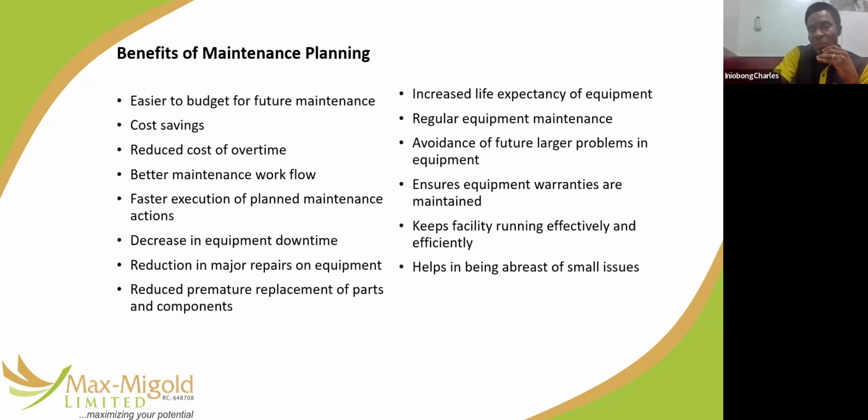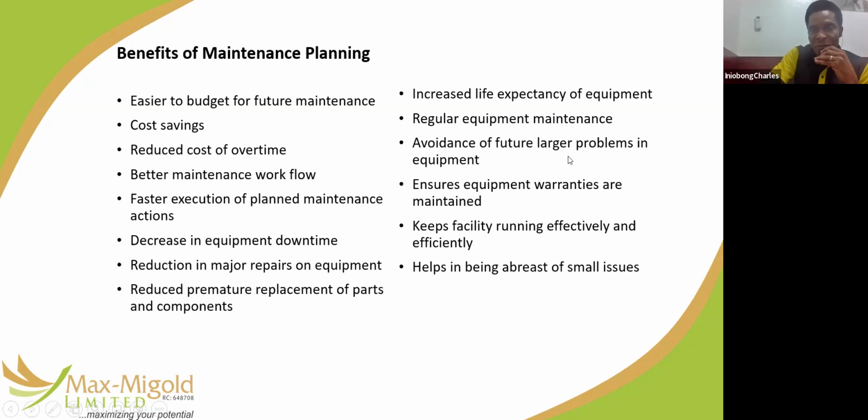Because when there is a problem, the supplier wants to see how you are maintaining. They want to see your record of maintenance before they will say, okay, we will take responsibility for this failure. Otherwise, they won't touch it.